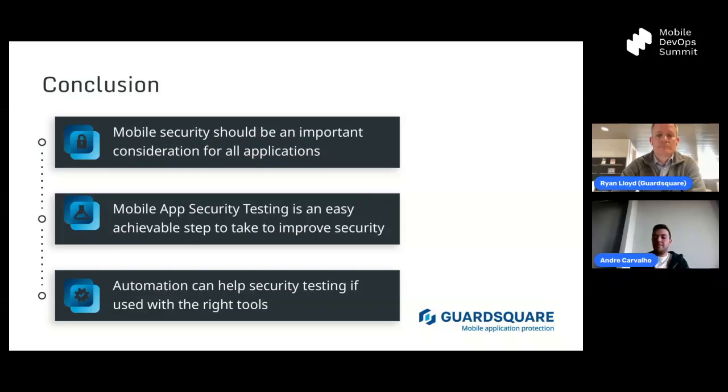And for that, you can also just be informed about which right tools to use that are friendly, and you can very easily integrate them into your CI/CD pipelines, and that way you can have a much higher level of confidence in your application. And that was it. That's all I have for today.